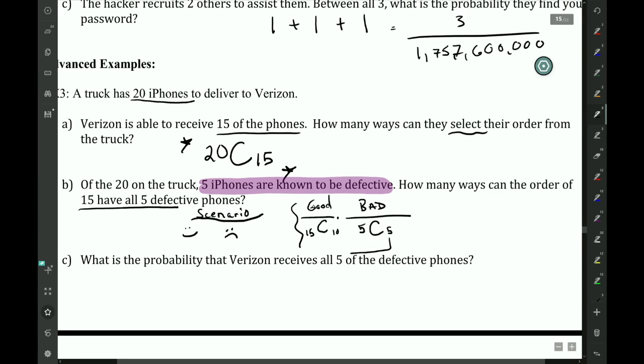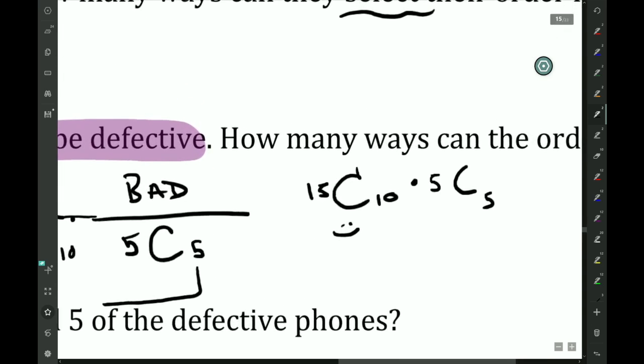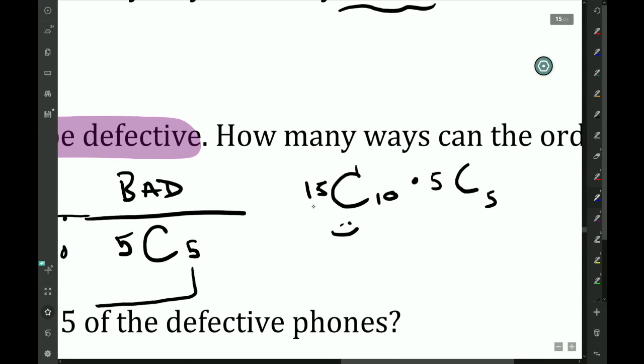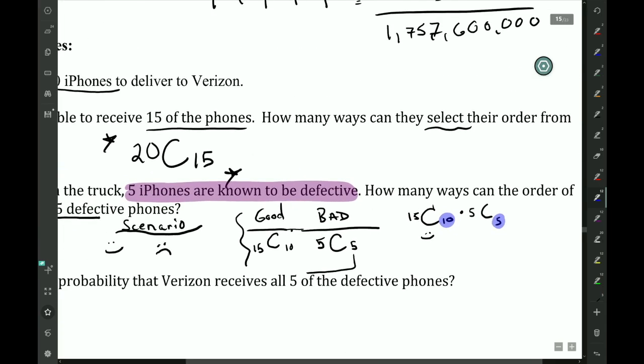This is what your part B would be. So 15, I want 10 good ones, times 5, and I want 5 bad ones. The second 2 numbers should always add up to your total. So we are ordering 15 phones.